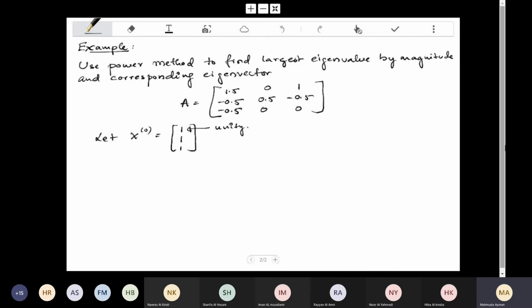We'll have A times x0, the initial guess, which gives us y1, and we can scale out y1 to get lambda times x1. So let's start with the matrix times the initial guess x0. Our matrix, I'll copy it from above.